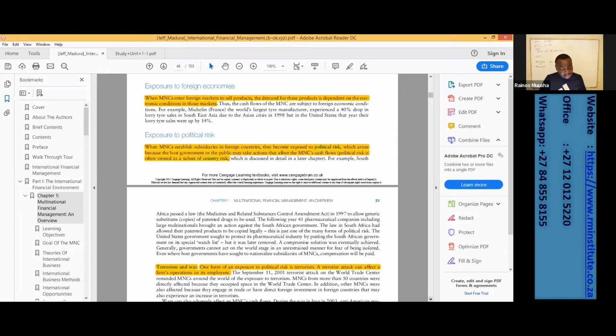So the economic conditions in which they are considering investing is also very important, which means that can also negatively affect the performance of the multinational company as well.